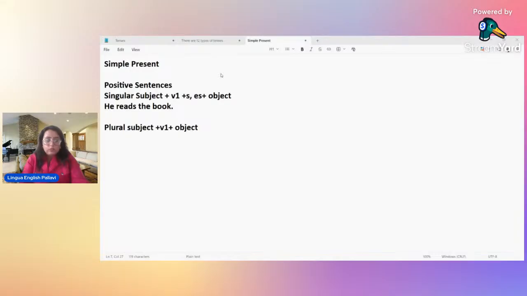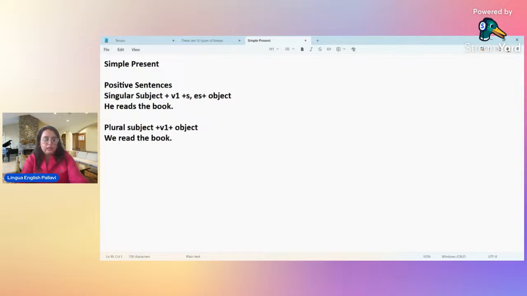In plural subject, we do not add s or es, but in singular subject, we do add s or es. So let us compare it with a similar example: we read the book. So what is the difference? If it is a singular subject, we add s, and if it is a plural subject, we do not add s. So this is the difference.